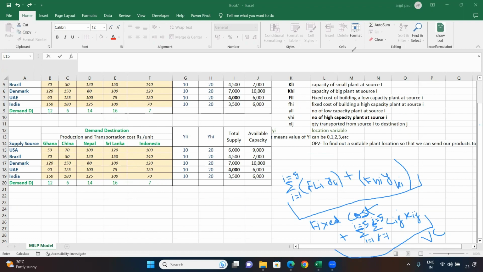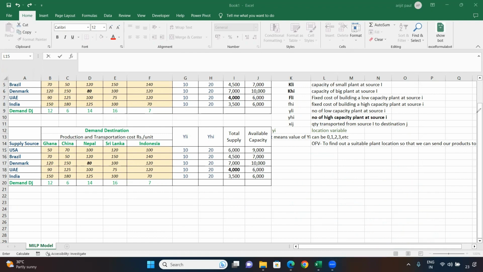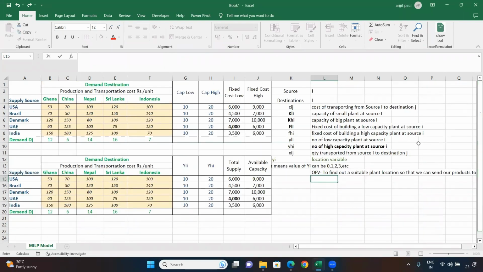Okay. Now, what will be the mathematical model for the demand? Okay. So for the demand, summation I equals to 1.